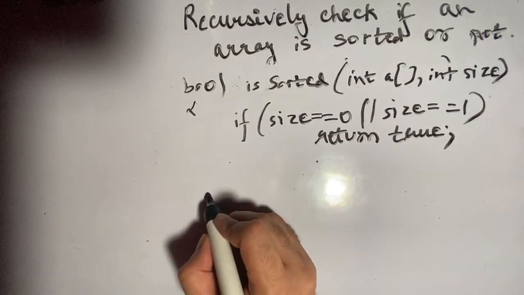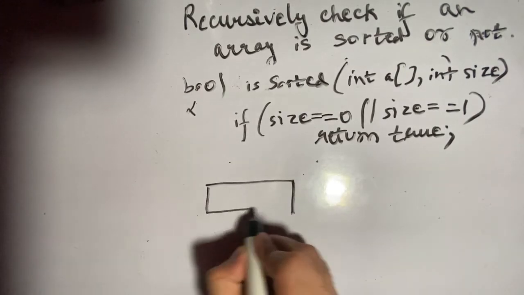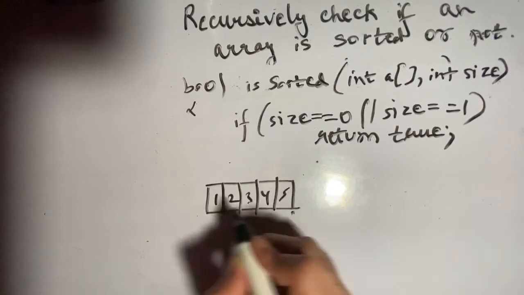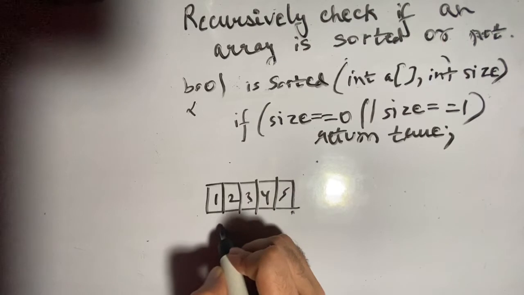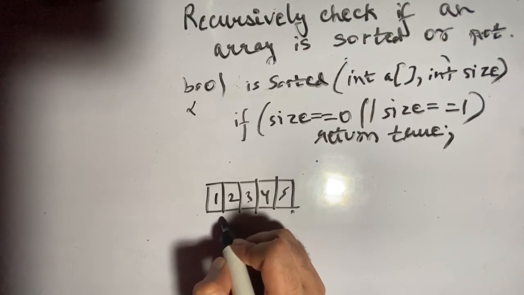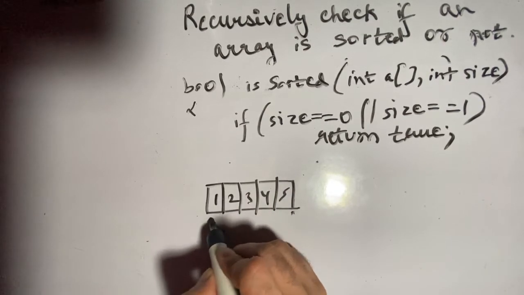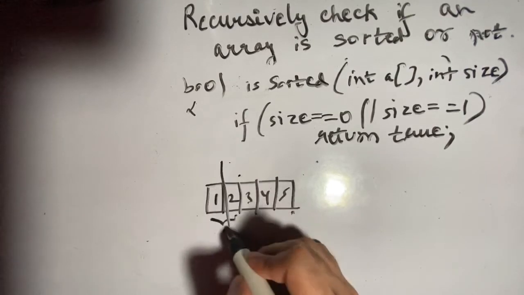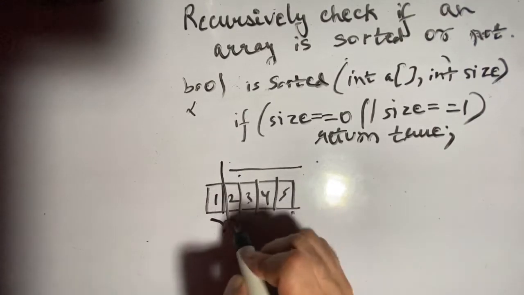Now I wanted to look at this array first. Let's say we have the array 1, 2, 3, 4 and 5. We can do one thing. We can check for the first two elements, and I can pass the rest of the array to recursion.